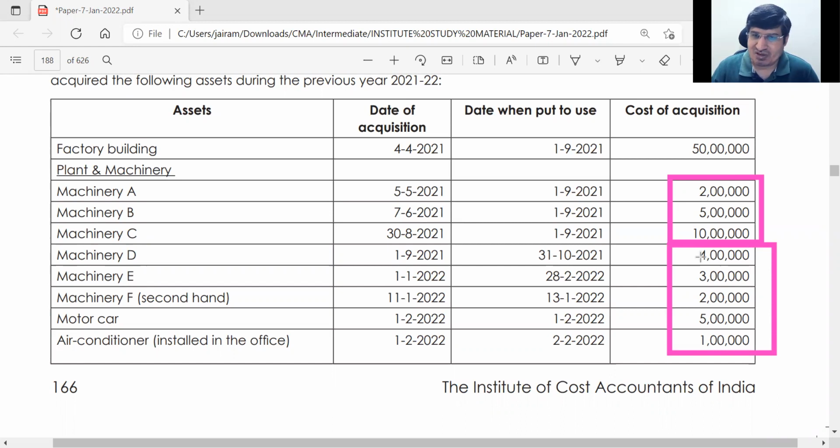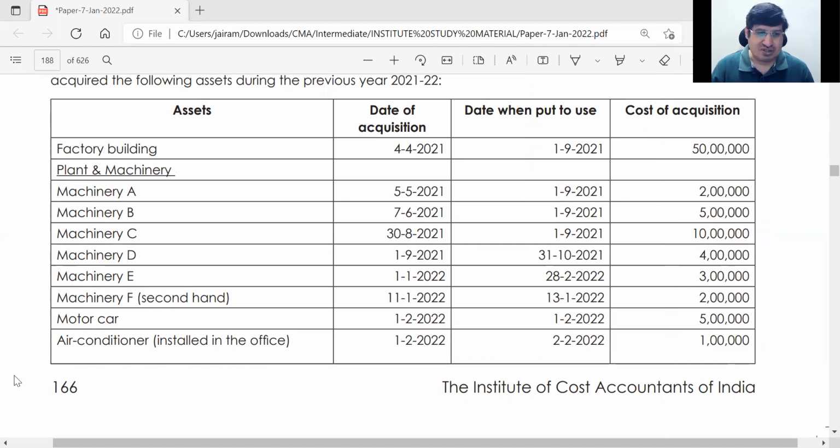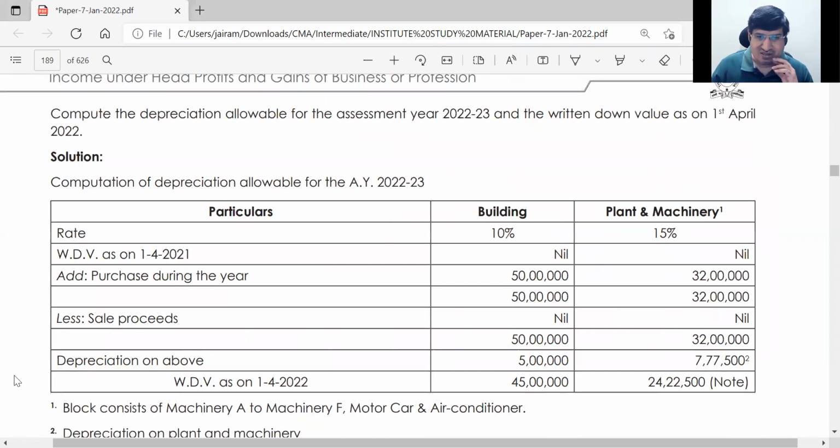And sorry, 17 lakhs, the first one is 17 lakhs. You will get full depreciation. This is full depreciation, and the bottom pink one is half depreciation. 17 and 15 lakhs. Okay, let's see this one by one.